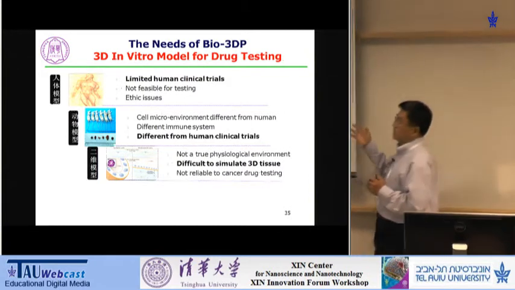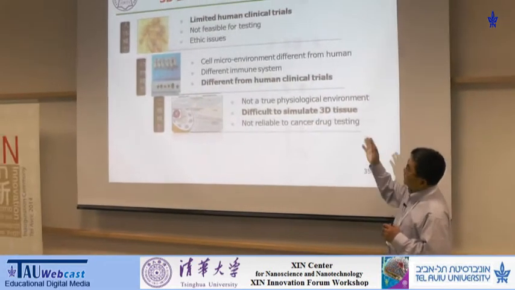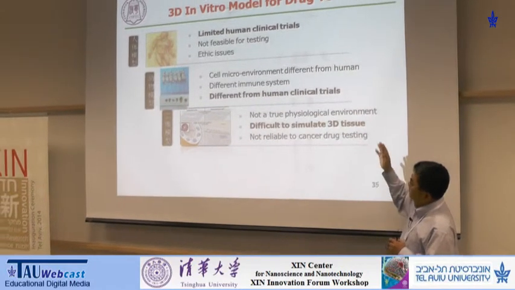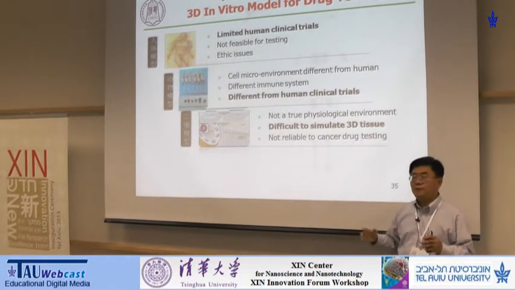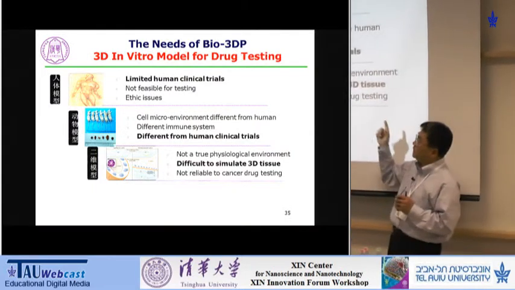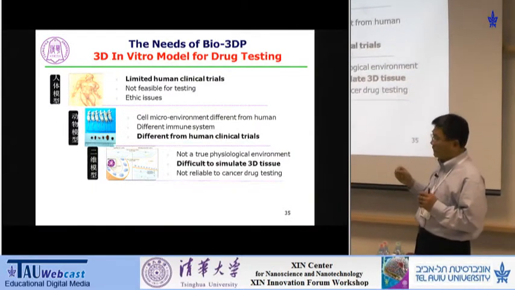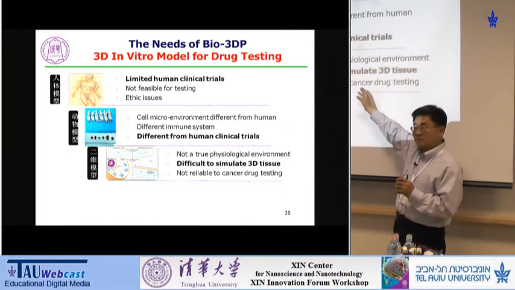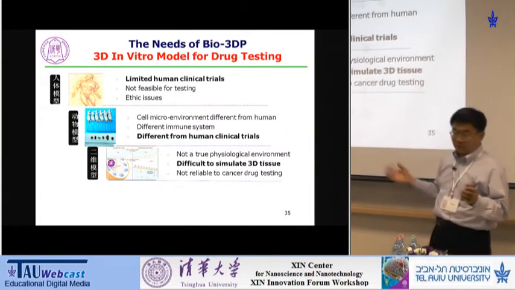Drug test models are really needed. We know we have limited human test samples. We don't have much similarity between animal models and human beings. We cannot depend on 2D petri dishes, because they are all different from humans.